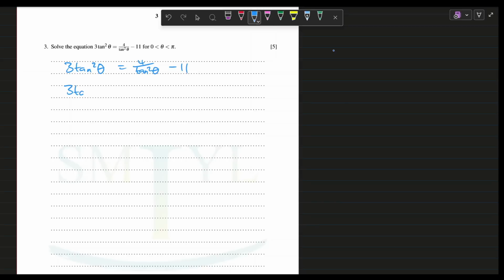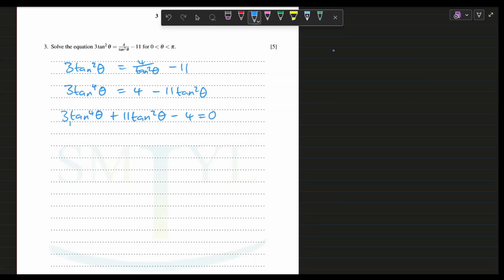So that's 3 tan to the 4 theta is equal to 4 minus 11 tan squared theta. Let's put everything on one side. So that's 3 tan to the 4 theta plus 11 tan squared theta minus 4 is equal to 0.